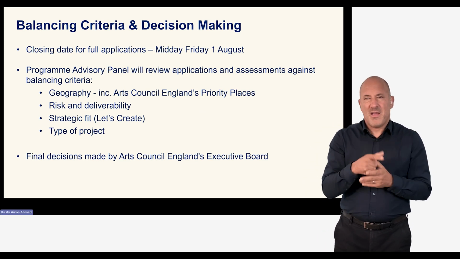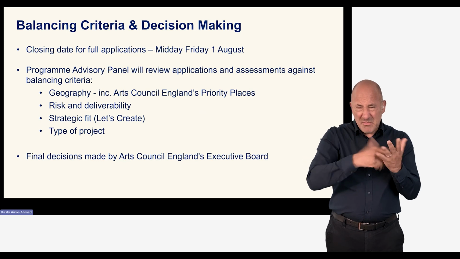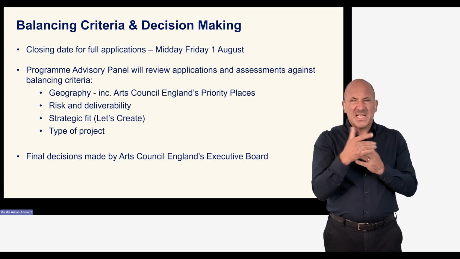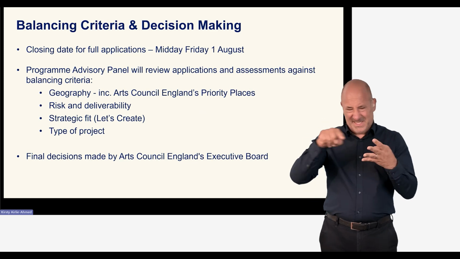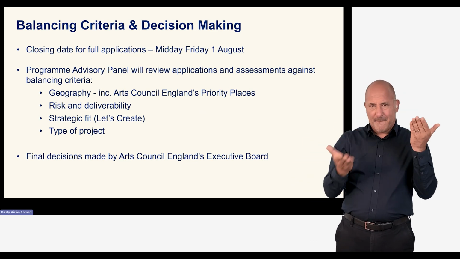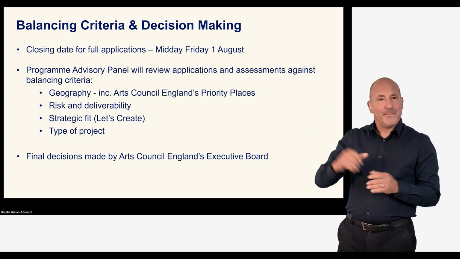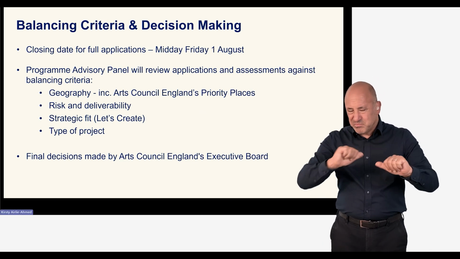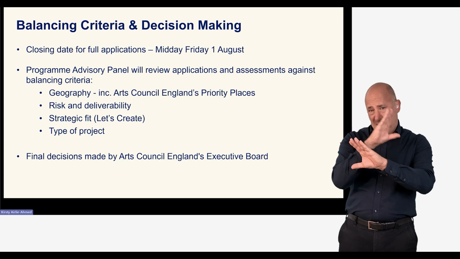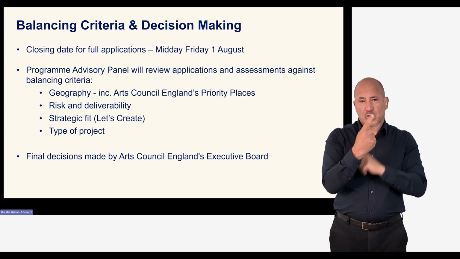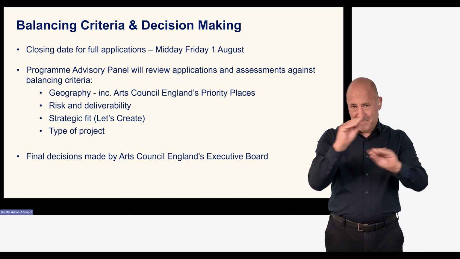For example, if most of the strongest applications came from one area, we may end up with an unfairly skewed investment, so we can use geographic balancing to move the money to a different area. Final decisions are made by Arts Council England's Executive Board, and applicants will be notified of decisions no later than the end of March 2026.